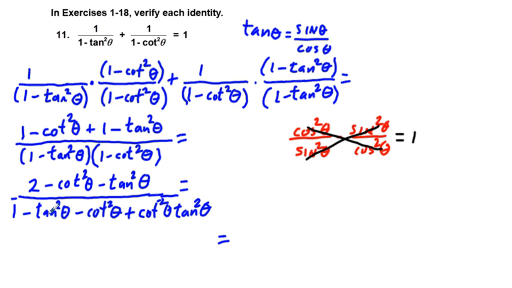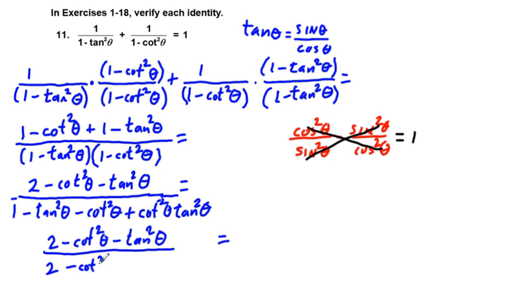So coming back to our problem, we have in the numerator, which we're rewriting, 2 minus cotangent squared theta minus tangent squared theta. And we change this cotangent squared theta times tangent squared theta to 1, so we're going to have 1 plus 1. So in the denominator we're going to have 2, and we're going to have minus, we're going to put these in the same order, minus cotangent squared theta and minus tangent squared theta.